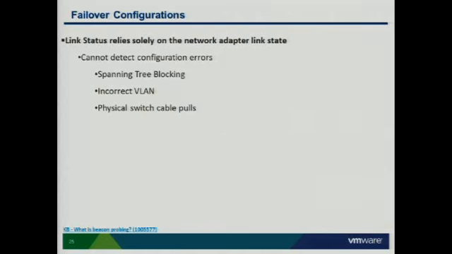You'll see that the virtual machine traffic will get blocked while it's trying to learn what's going on and why that MAC address just moved from one port to another port. The other thing is incorrect VLANs. It could be maybe you set up the right VLAN in the port group, but the physical switch wasn't configured properly. It doesn't have the right VLAN ranges configured on there, or maybe it's not set up for the right switch port access VLAN. And then physical switch cable pulls.